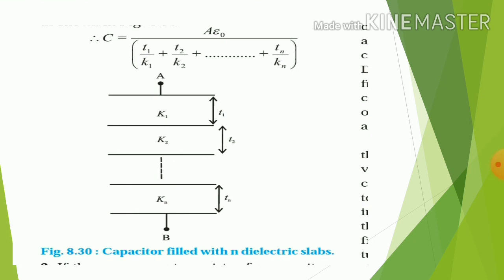In this figure, we show the capacitor filled with n dielectric slabs.